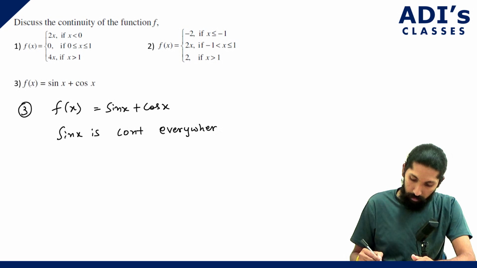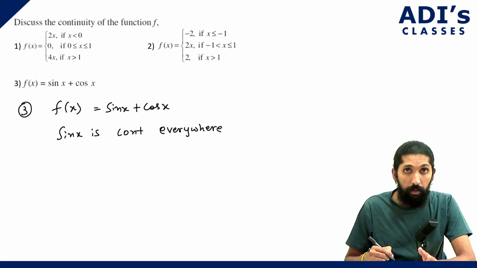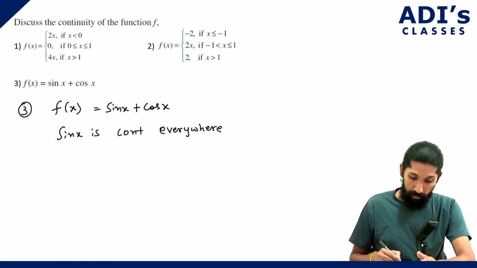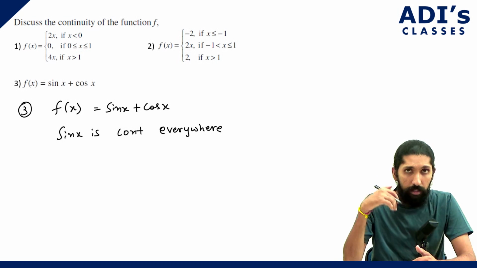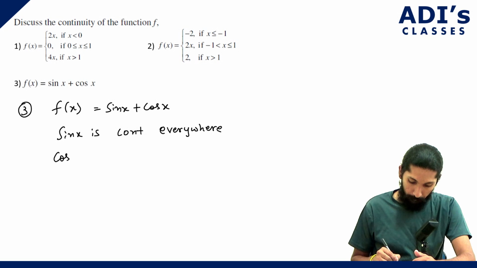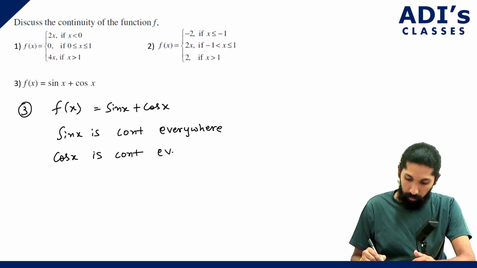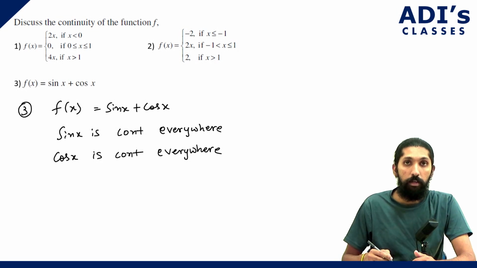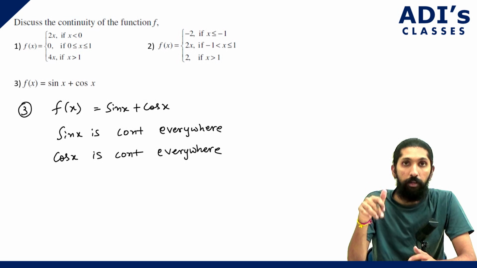Sin x is continuous everywhere. So what we can tell is, since sin x is continuous everywhere, now the next one is what? Cos x. Cos x is also continuous everywhere, isn't it? Say sin x is continuous everywhere, cos x is continuous everywhere.